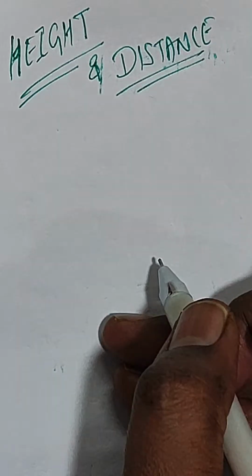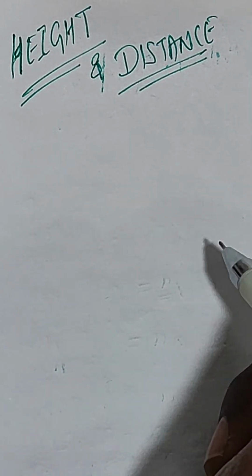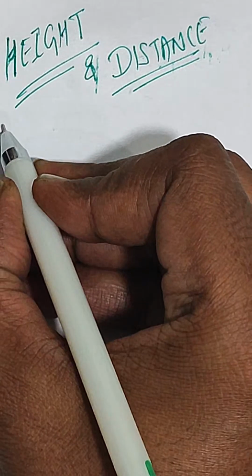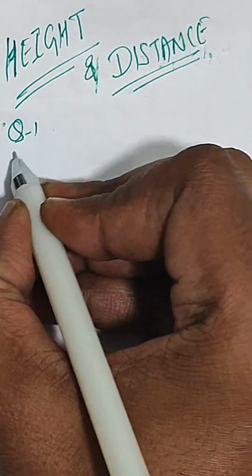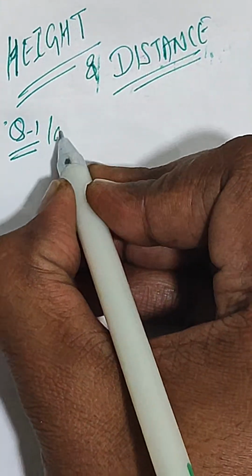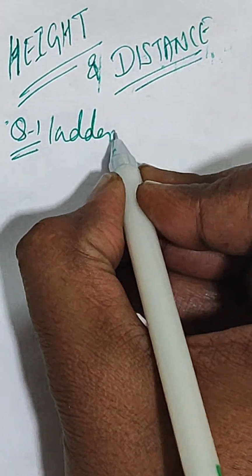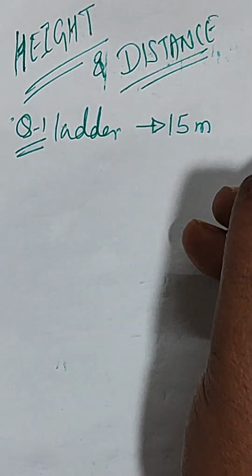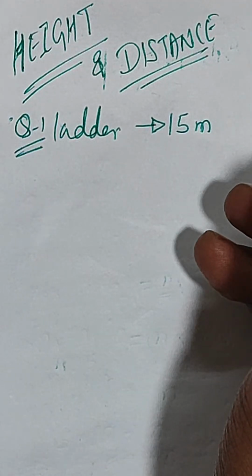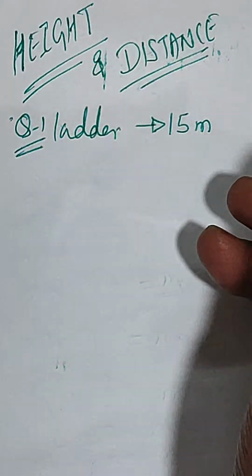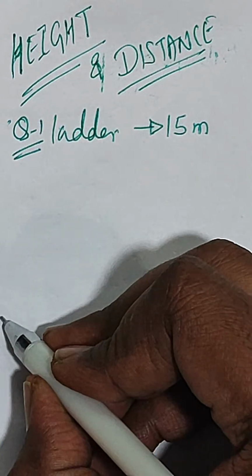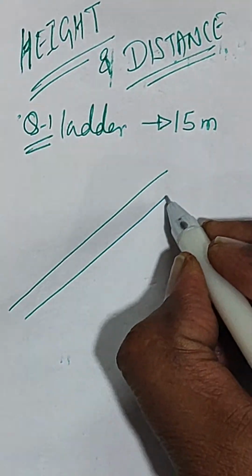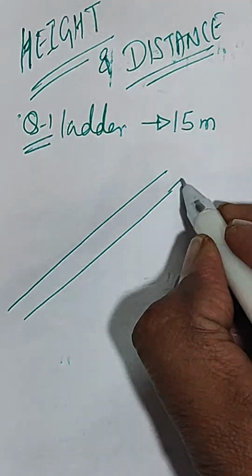Okay, the question is that a ladder 15-meter long just reaches the top of a vertical wall. So let us say if this is the ladder, then definitely it will be leaning against a wall.